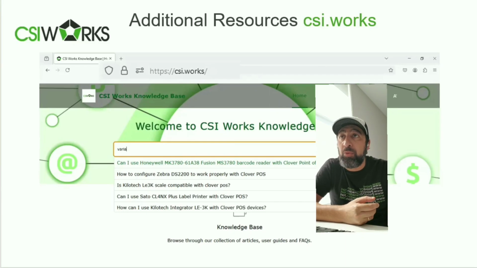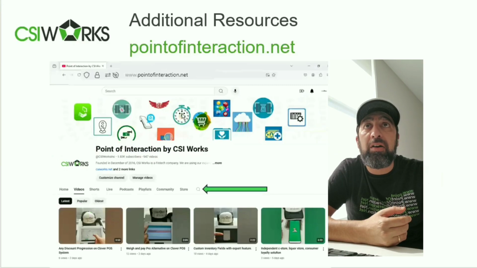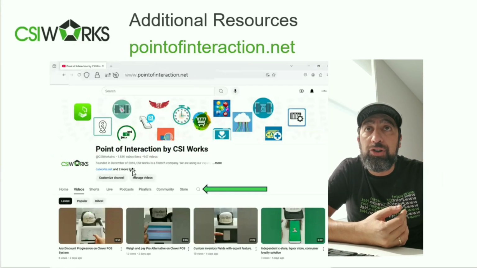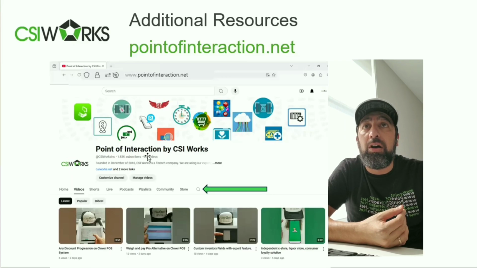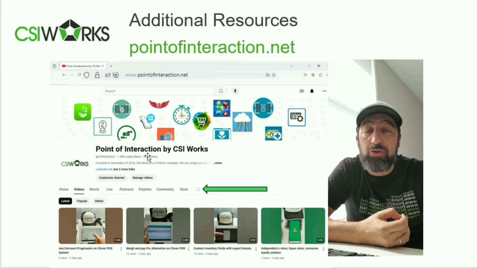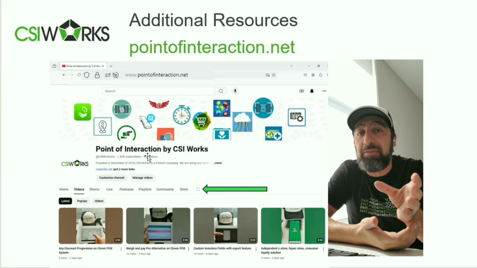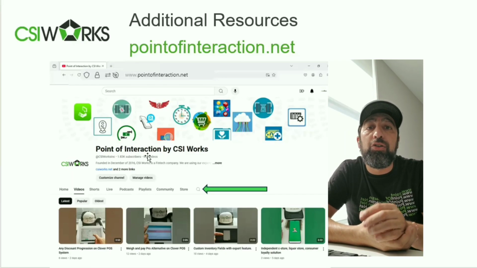But that's not it. We have more. We also have a pretty comprehensive video library of how-to videos. Nearly 1,000 videos have already been published, and we continue to release videos all the time. Whenever we get a question asked a little differently, we want to make sure we have a video for that. That video library is also searchable.